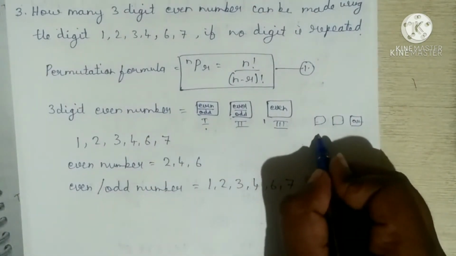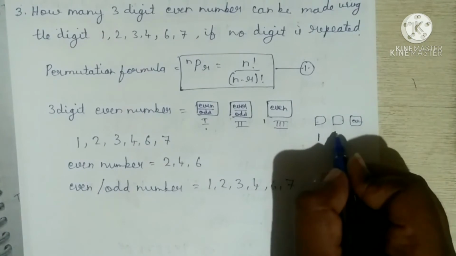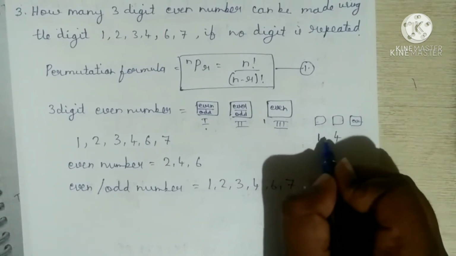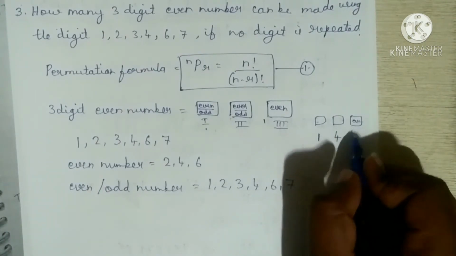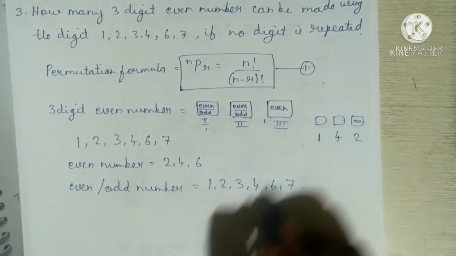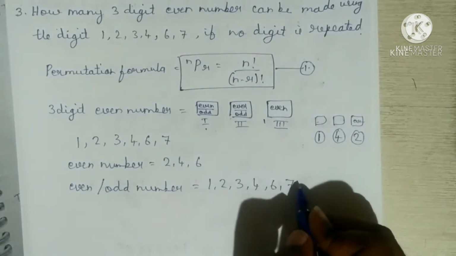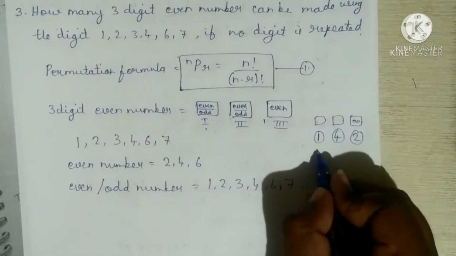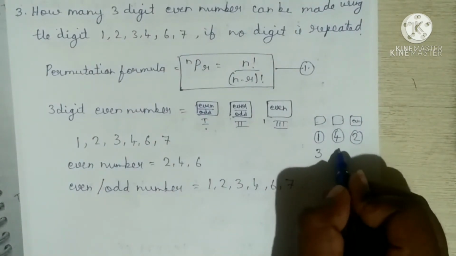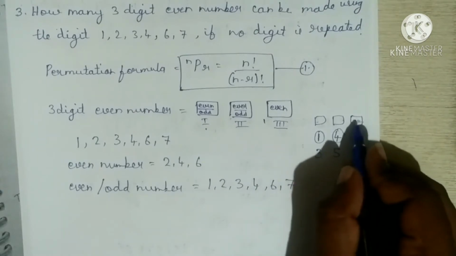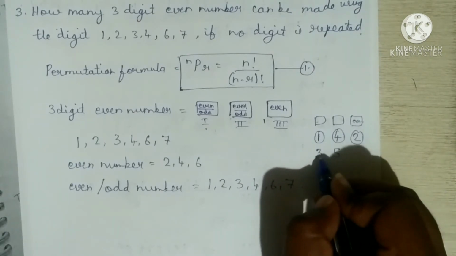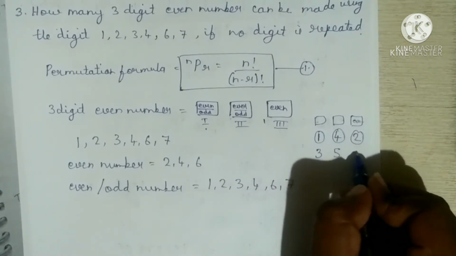If first digit is 1, second digit is 4, third digit should be 2: odd, even, even. Second example, if first digit is 3, second digit is 5, third digit is 6.